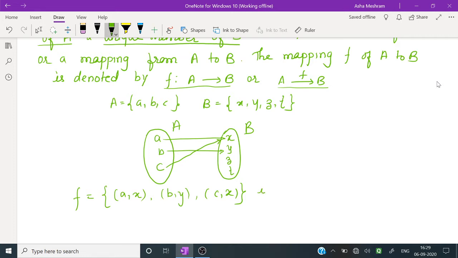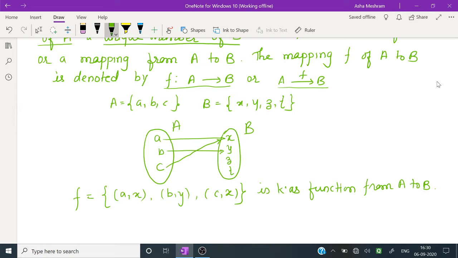This is known as a function from A to B.